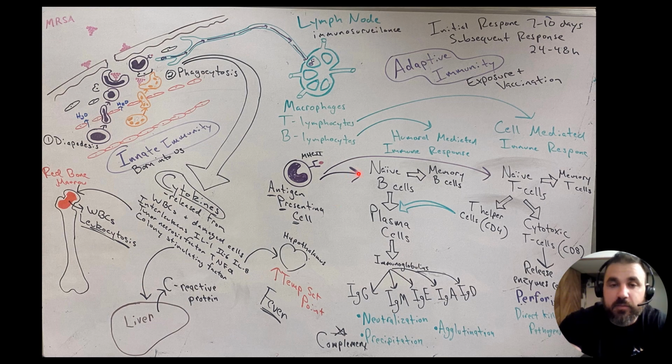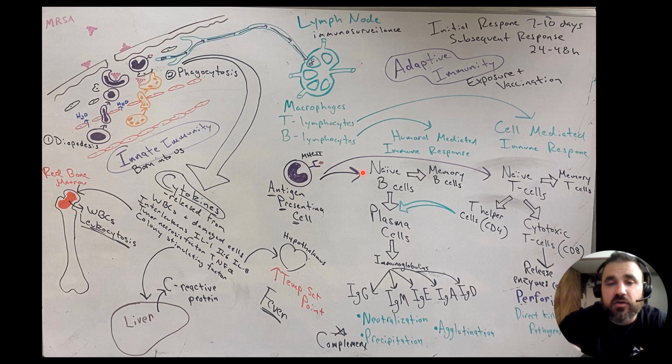We'll activate the B cell pathway, which we call the humoral mediated immune response, and we can activate the other arm of this, so the T cell pathway or the cell mediated immune response. So what the heck happens here? So let's say it activates these. So the B cell pathway or humoral mediated, let's say it's a first time exposure. So these naive B cells, they've never seen this antigen before.